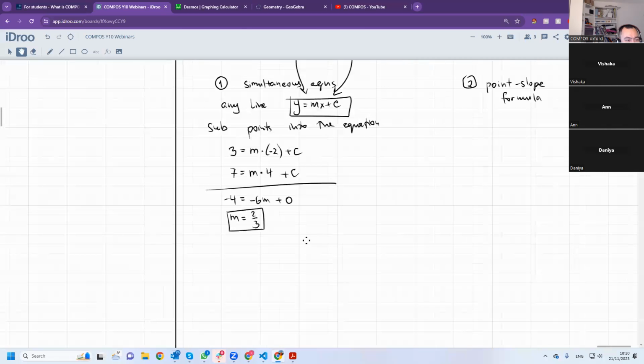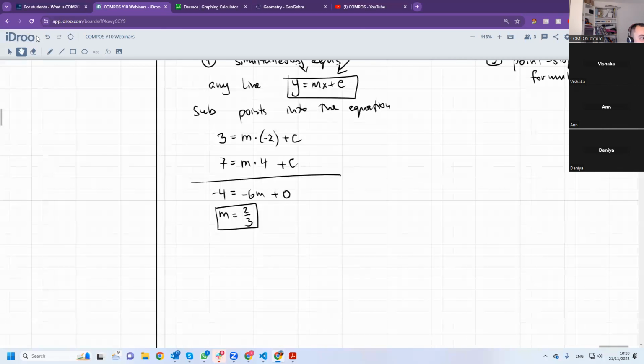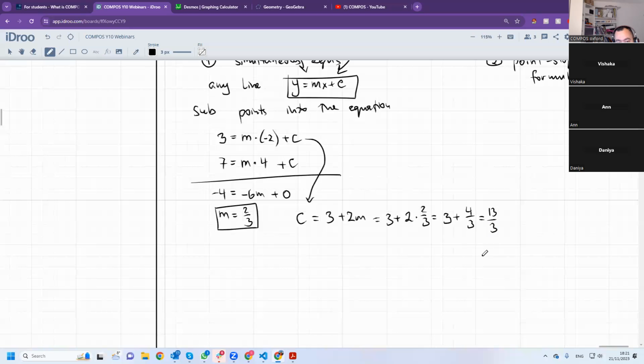Okay, m is 2/3. So we found m, and now we can find c. We just substitute this into any of the equations. So let's say c is equal to 3 plus 2m. This comes from here. 3 plus 2m, which is 3 plus 2 multiplied by 2/3, which is 3 plus 4/3, which is 9 plus 4, 13/3.